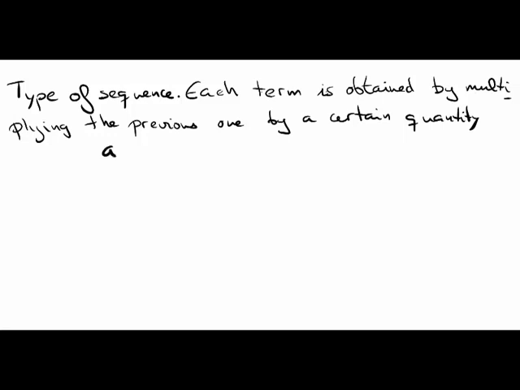So each term equals the previous one multiplied by this fixed quantity. This fixed quantity is called ratio. And again, I have here the recurring law.